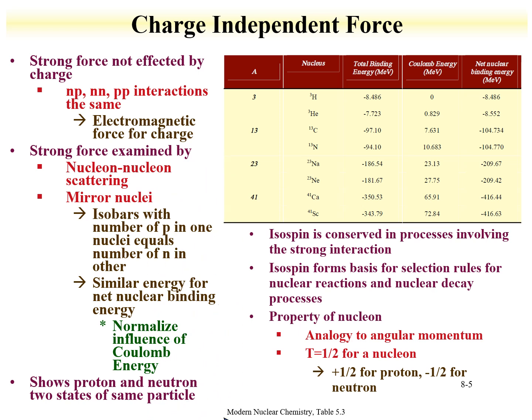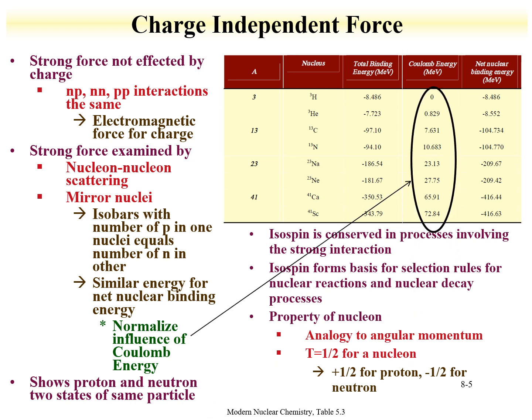So what one could do with this is evaluate energetics, particularly looking at binding energy, and then compensating for the Coulomb energy to try to evaluate a net nuclear binding energy for different nuclei with the same number of total nucleons. And this is shown here.